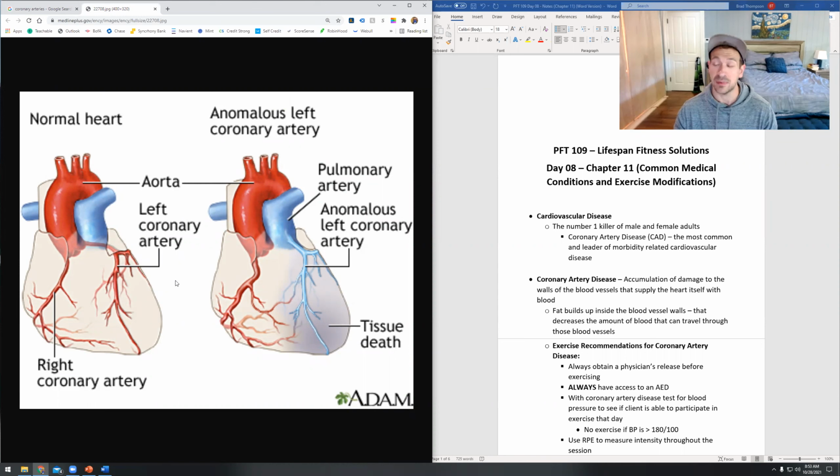So it's the pump keeping itself alive, because your heart isn't able to absorb blood and oxygen from the inside chambers. It's only able to do it from these outside vessels. So your heart's trying to give itself oxygen the way it gives all of your other tissues oxygen.